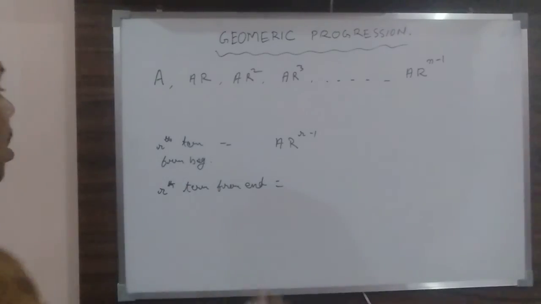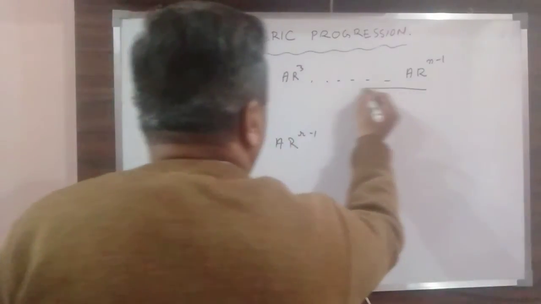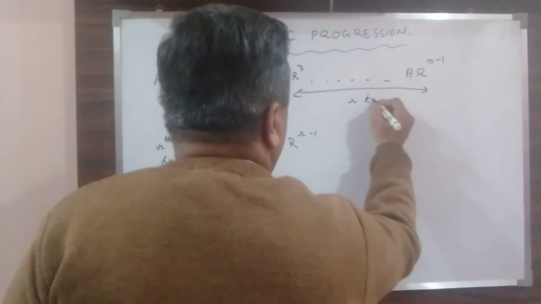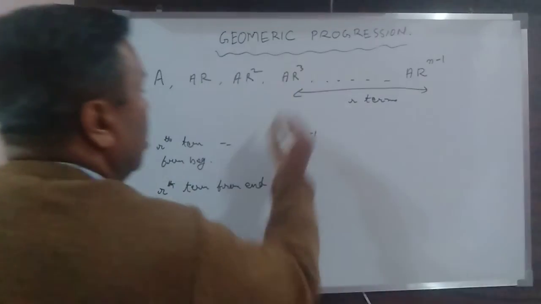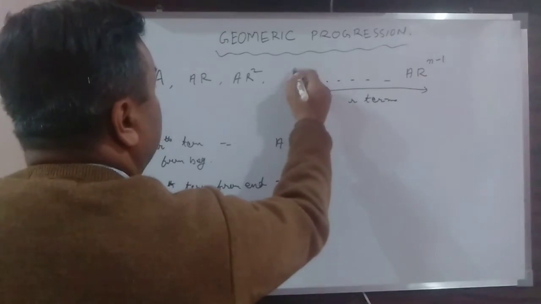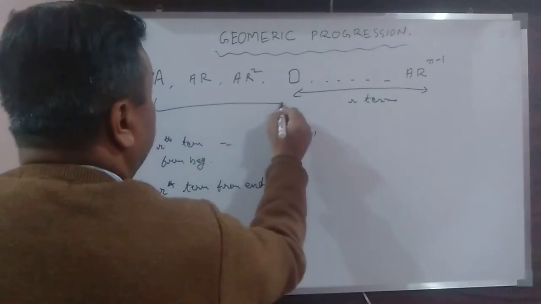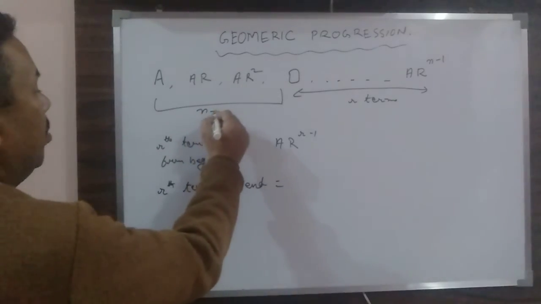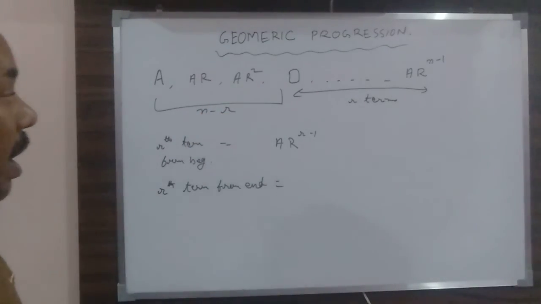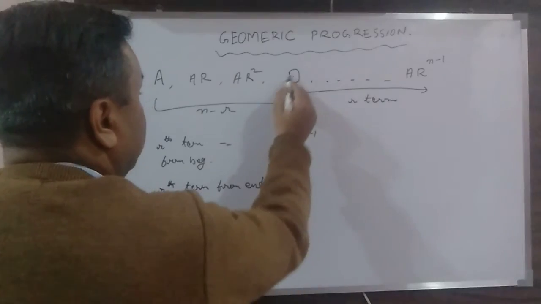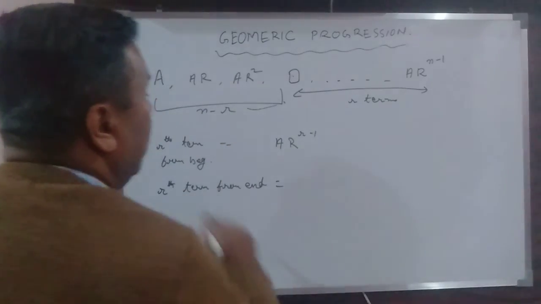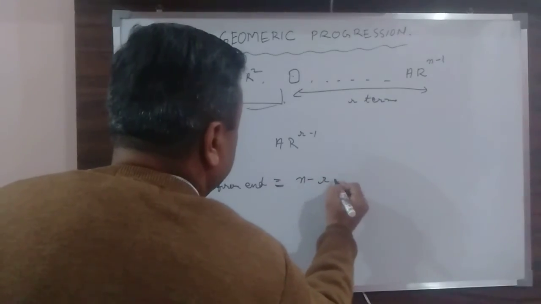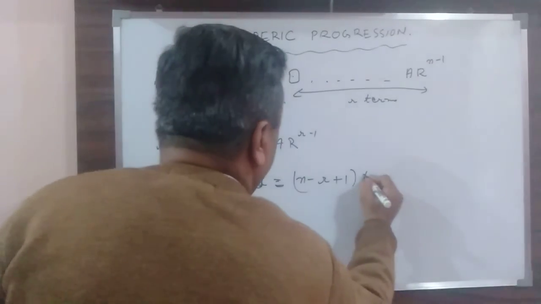Obviously, if I take r terms from the end, and this is the rth term, then up to this there are n minus r terms, and this term is just next to those n minus r terms. So this is actually the n minus r plus 1th term from the beginning.